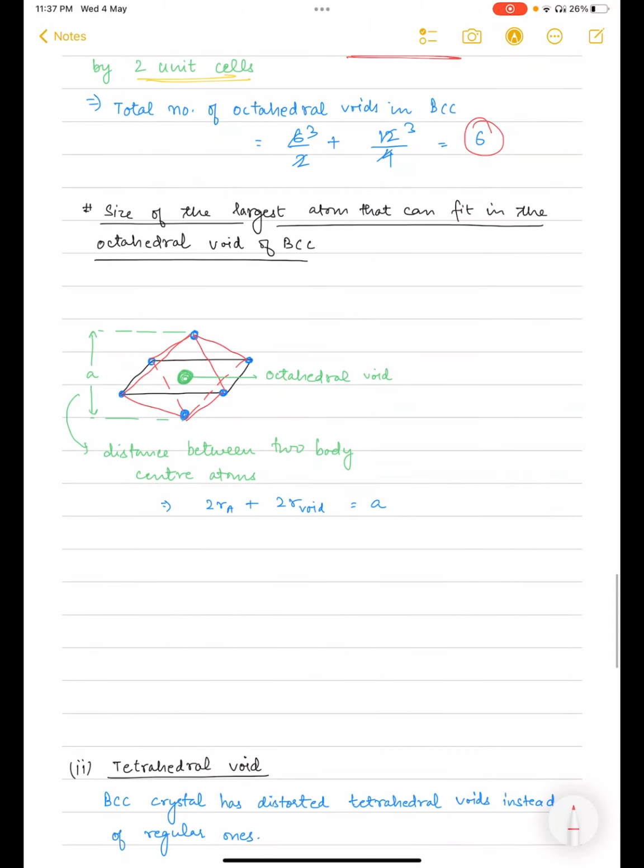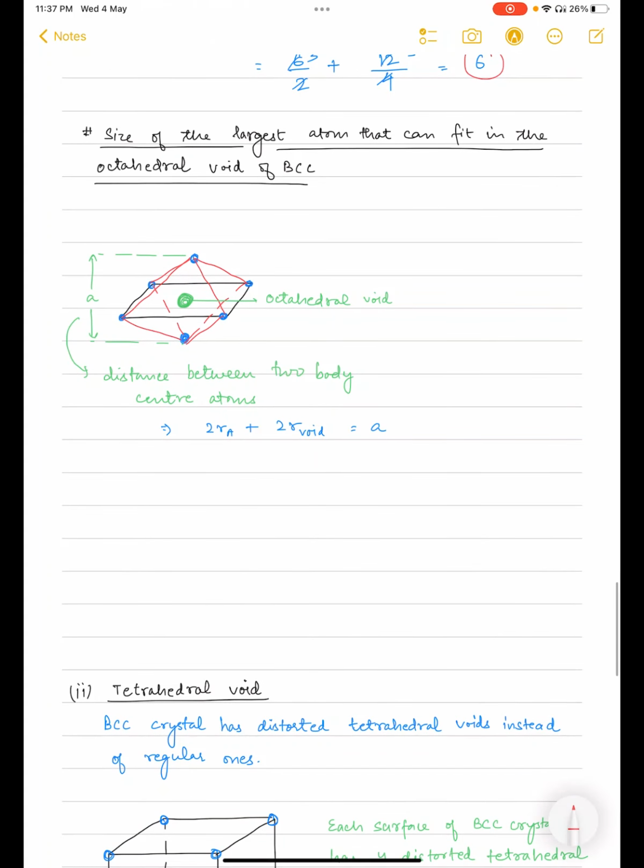Now let us look at the size of the largest atom that can fit in the octahedral void of BCC. This, as shown, is the octahedral void, and since it is distorted, these 2 body center atoms are at a distance of a apart, and this void is in direct line with these two atoms.